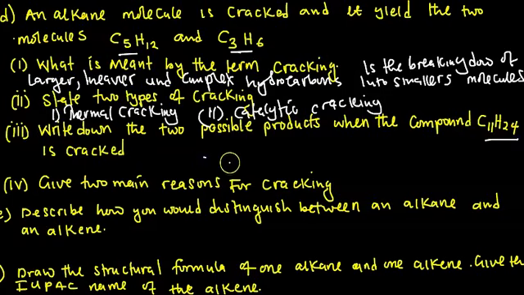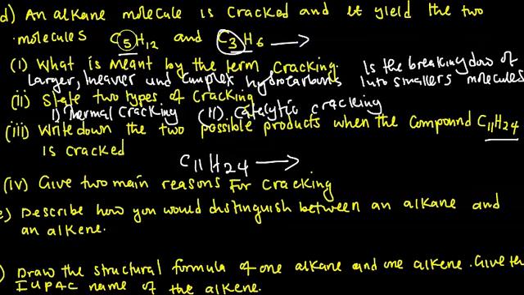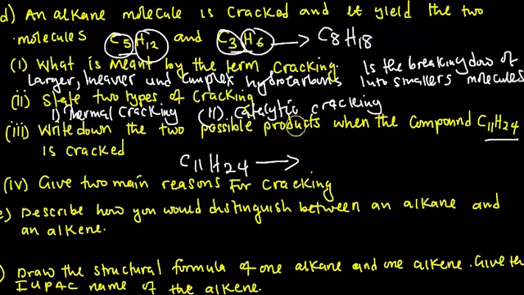So in writing two possible products, whatever products you come up with, when you add them, should have the same number of carbons and hydrogens as the compound. Adding the carbons and hydrogens, it is going to be C8, and 12 plus 6 hydrogens is going to be 18. So the products that you come up with should add up to what is given here.